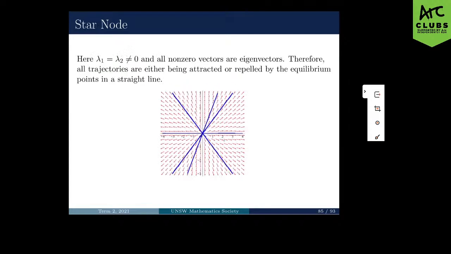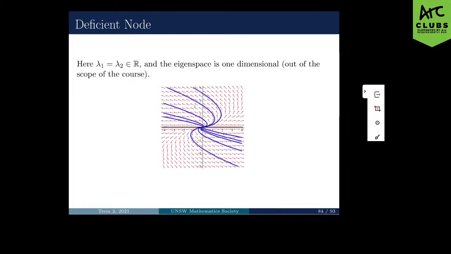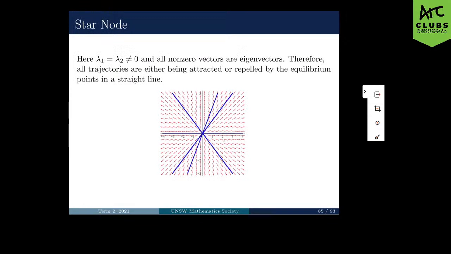The other case is where all non-zero vectors are eigenvectors. In this case, every trajectory is a straight line away from or towards the origin. Those are the two cases that can happen when the eigenvalues are equal.